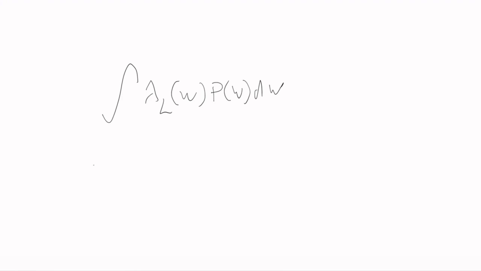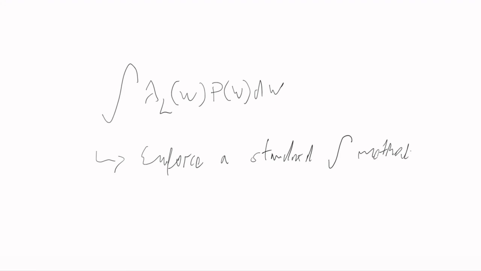And I would suggest to enforce a standard integration method. The reason behind this is that we want people not to be able to choose their own numerical integration method, because they may use it in a fraudulent way.